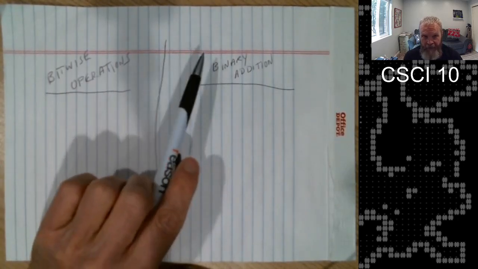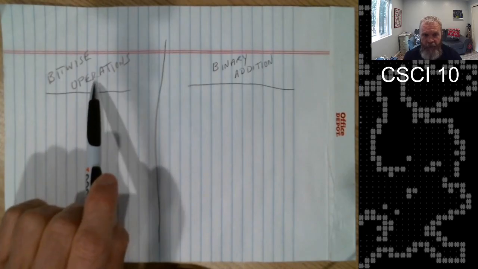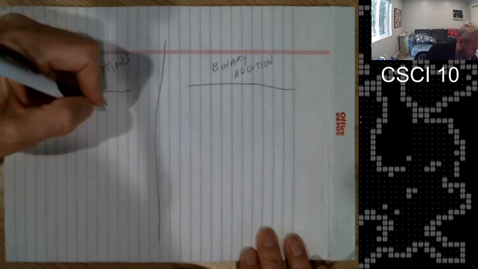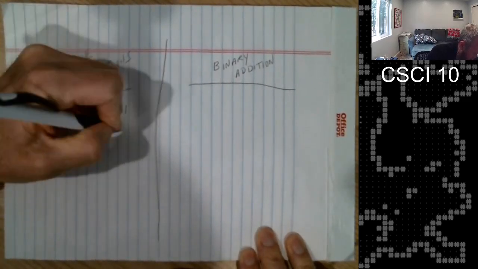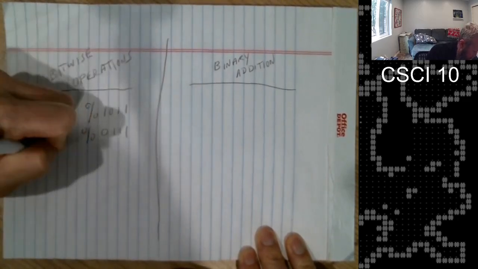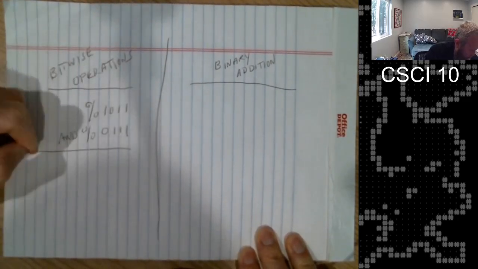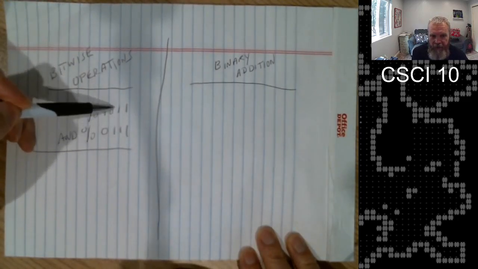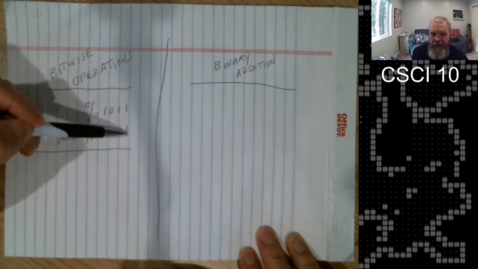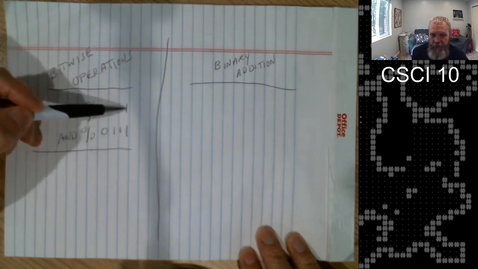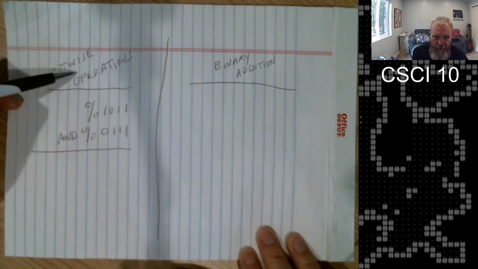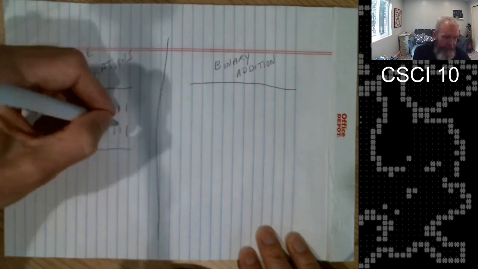The main thing that makes these different is that bitwise operations have no concept of carry. So if I do, for example, the binary value 1001, 0111, and the bitwise operation and, the operation just works on pairs of bits, and there's no concept of part of the result of one column carrying over into another. So bitwise operations, no carry, in terms of the operation.